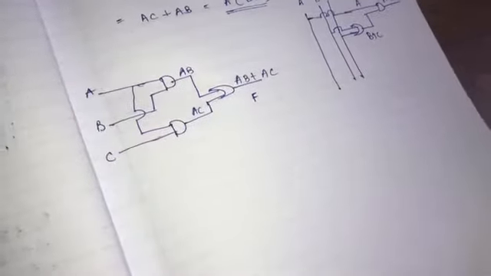So in the questions, sometimes they specifically ask you to use NAND gates, or they ask you to specifically use NOR gates to actually show the desired output, right? So this is how you can actually do this in a very easy and reliable manner, right?